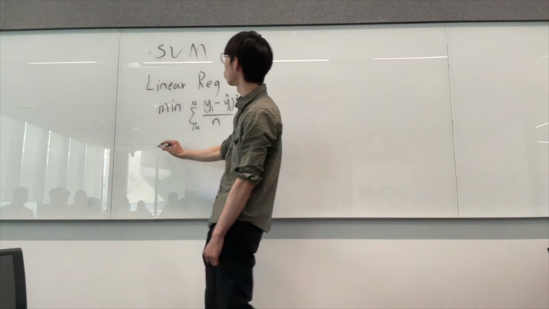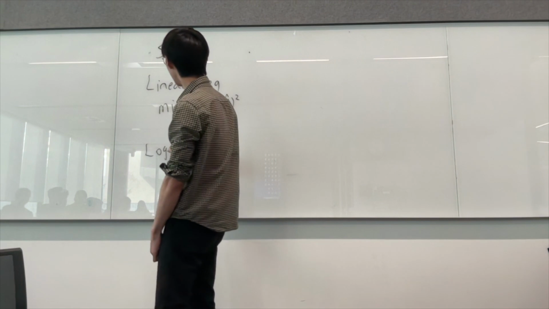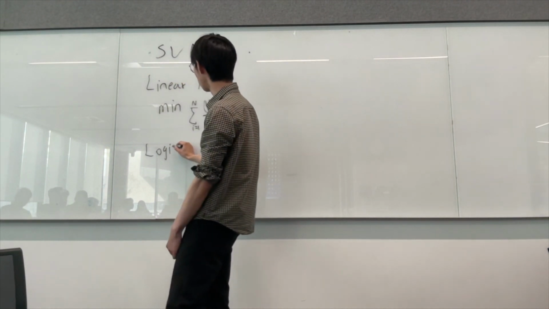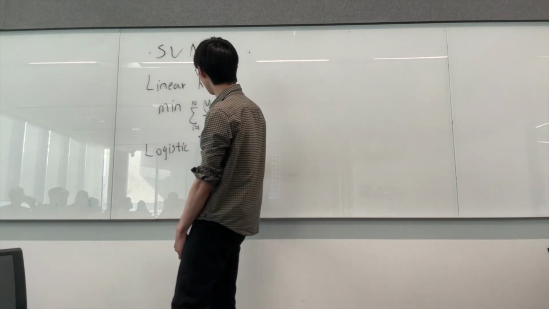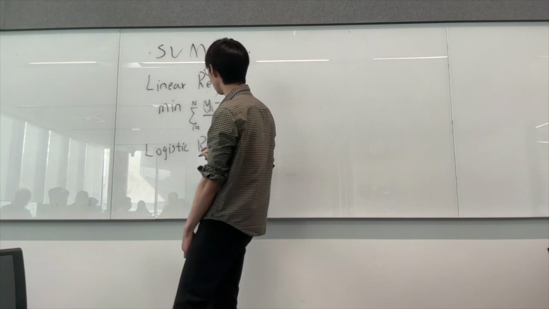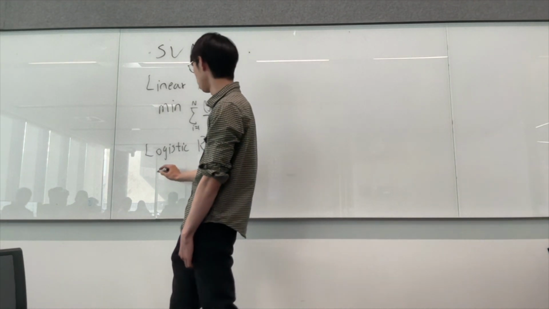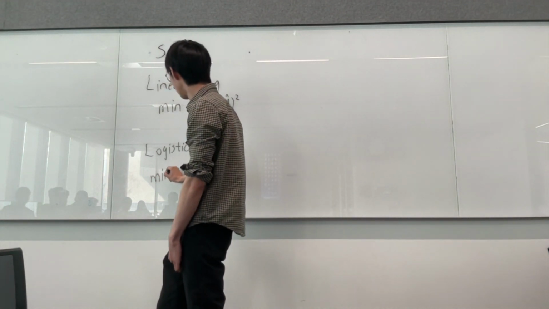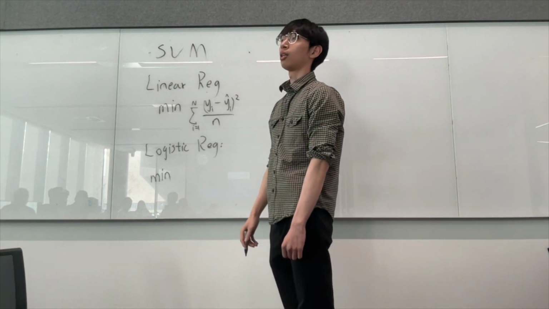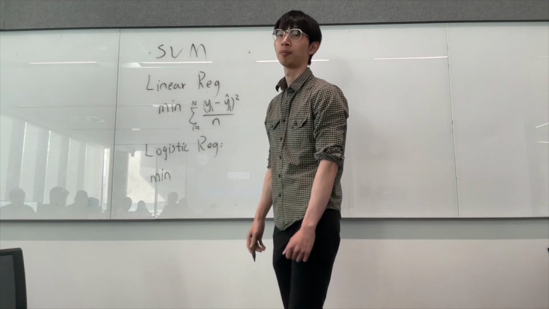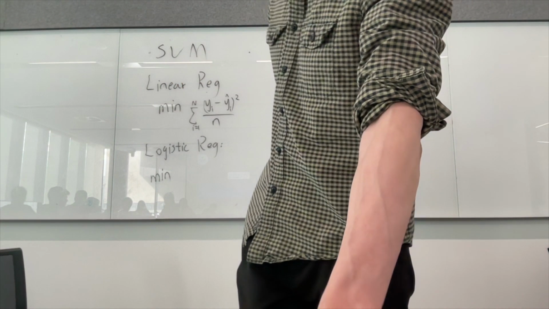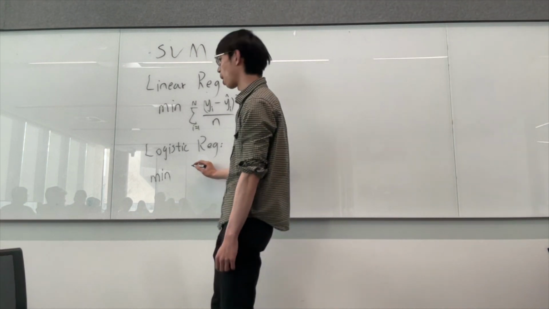Okay, let's do logistic regression. What's the cost function, the objective function for logistic regression? Actually, it's not only for logistic regression. It can be used for any classification model. What's that? Minimize what? Recap? No one remembers?